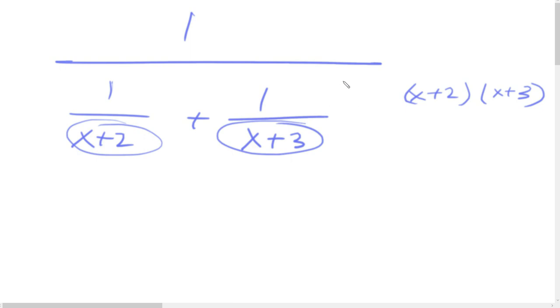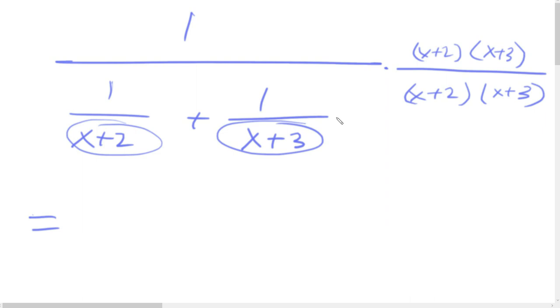Now, I can multiply the bottom here by this and the top by this. So I can multiply the whole fraction, 1 over x plus 2 plus 1 over x plus 3, by this fraction of x plus 2 times x plus 3 over x plus 2 times x plus 3, top and bottom. Basically this is 1, okay? So I'm multiplying this thing by 1 in order to make this expression look better.